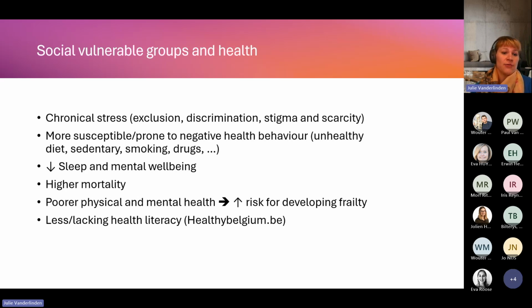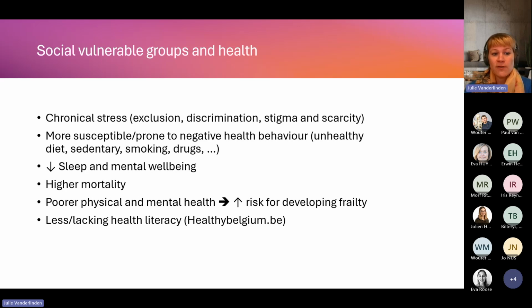Well, we know that if you are more prone to vulnerability or more socially vulnerable, you are more exposed to chronic stress, or the chances are more likely that you have experienced more chronic stress when compared with other people your age or your group.